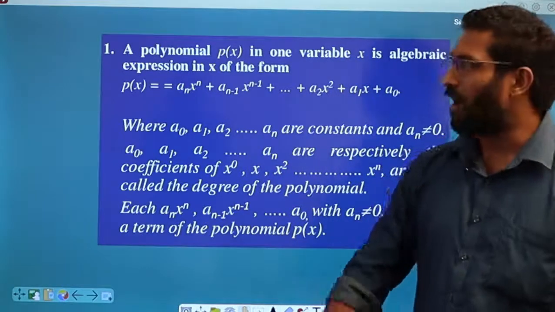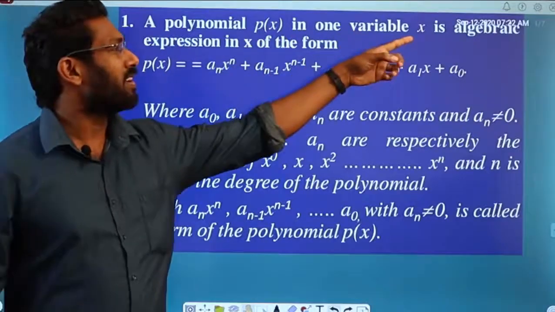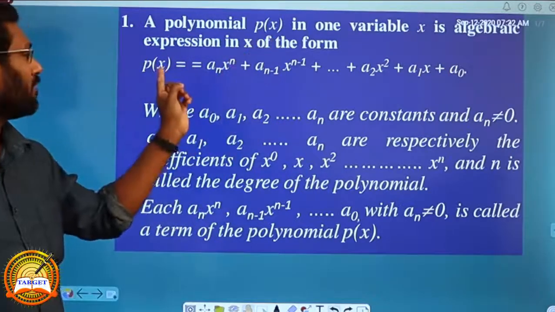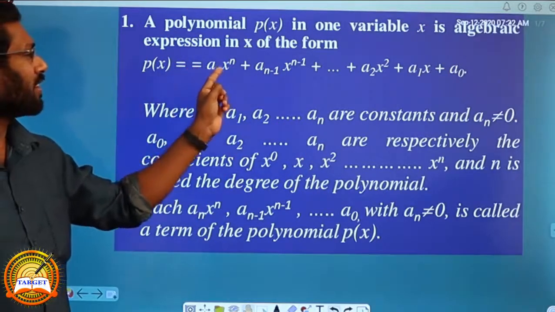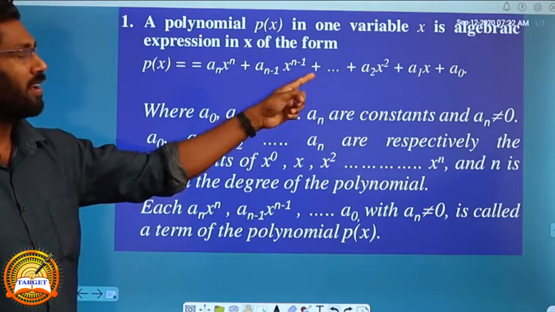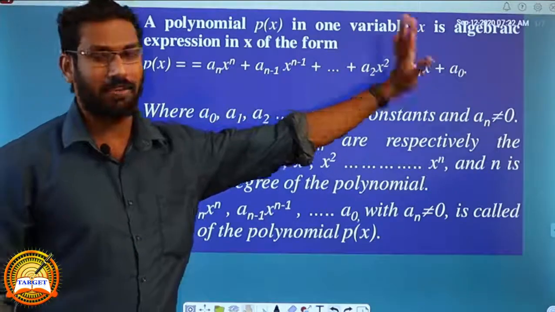I'm explaining once again. A polynomial p of x in one variable x is an algebraic expression in x of the form p of x equals an x raised to n plus an minus 1 x raised to n minus 1 plus etc. plus a2x square plus a1x plus a0.